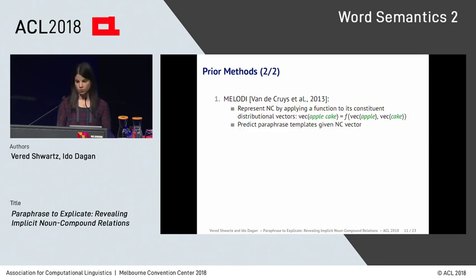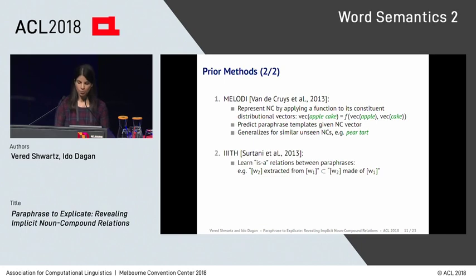And they use this vector to classify, they predict existing templated paraphrases in the corpus. And the outcome of this is that if during test time they get an unobserved noun compound like pear tart, it would potentially be embedded in proximity to apple cake and then yield the same paraphrases.